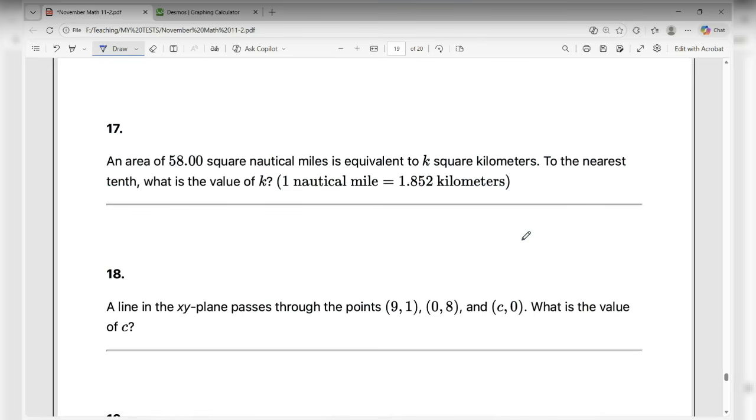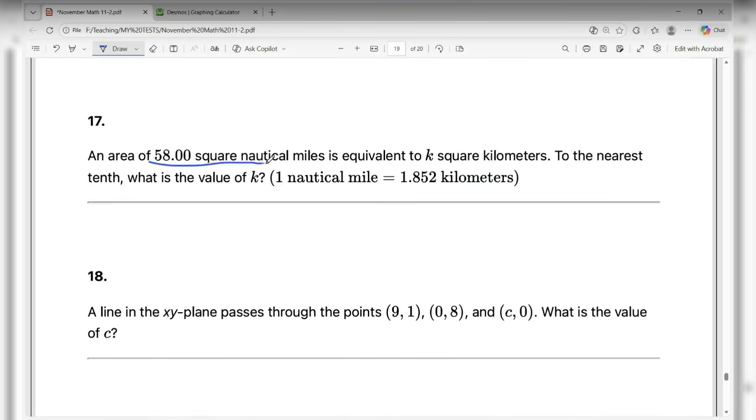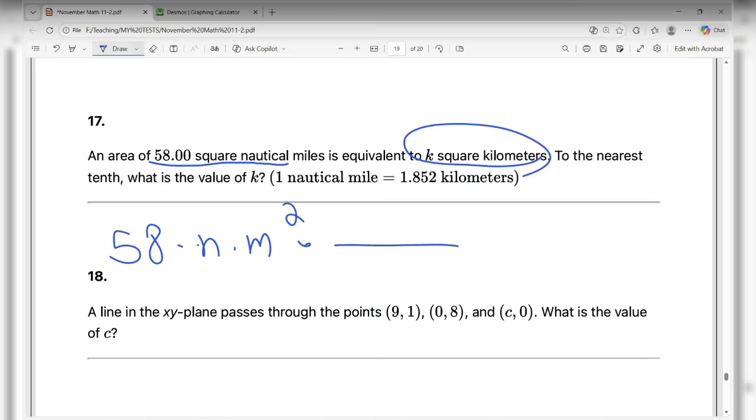Question 17. An area of 58 square nautical miles is equivalent to k square kilometers. To the nearest tens, what is the value of k? So 58 square nautical miles. Guys, we have a square here. So 58 nautical mile square. We have to find it in k square kilometers. So guys, I'll be writing 1 nautical mile equals this kilometer.